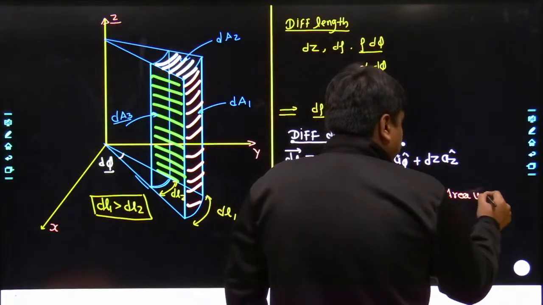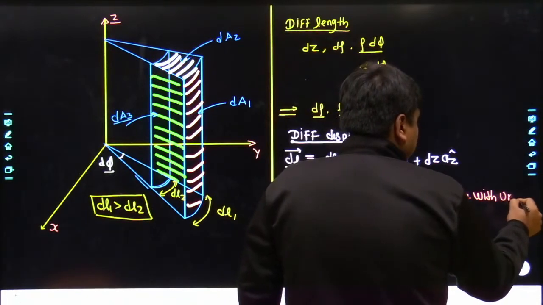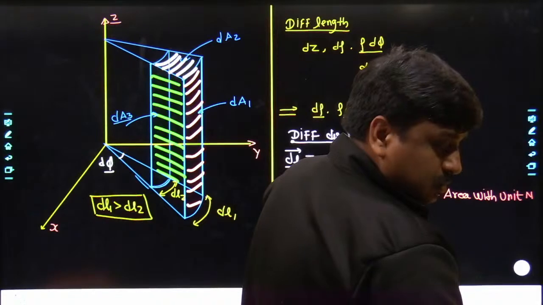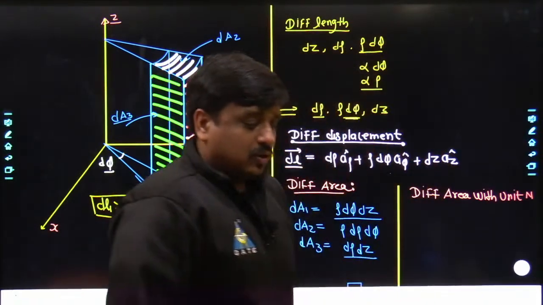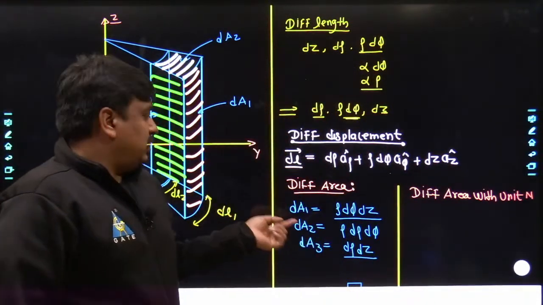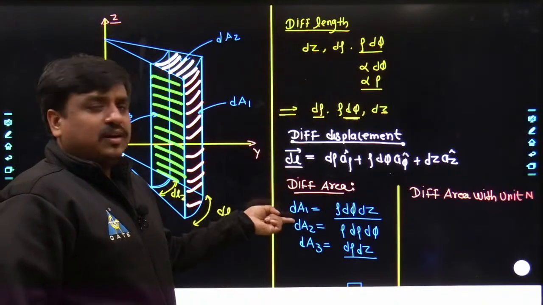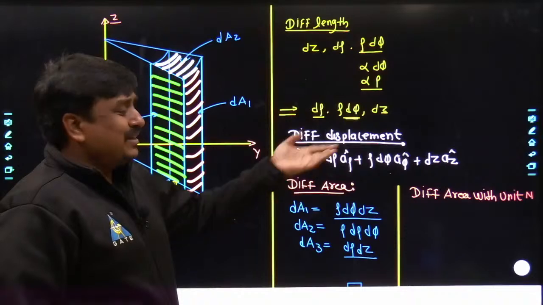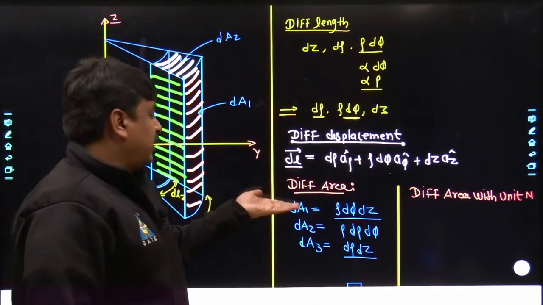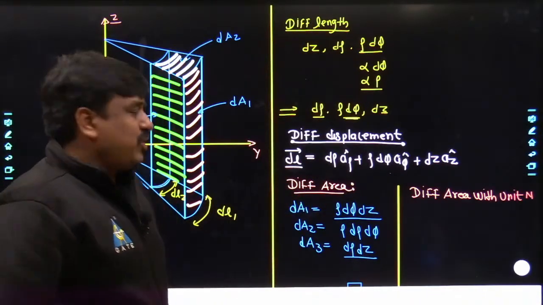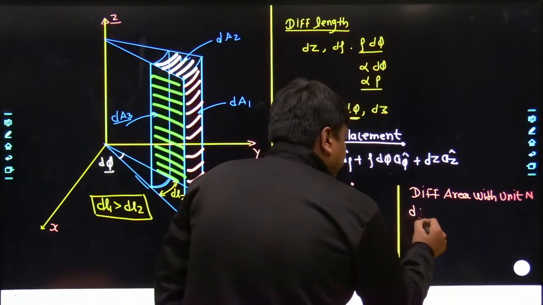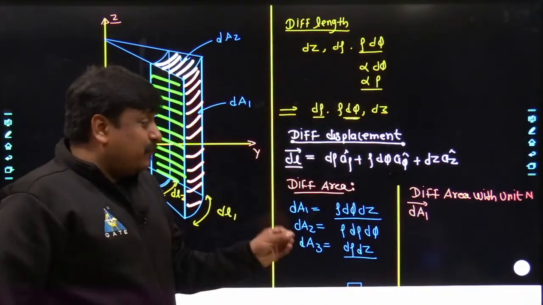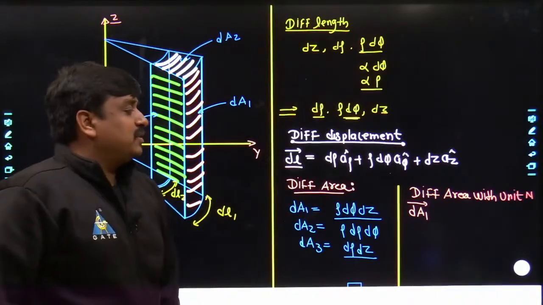Differential area with unit normal. That means rather than writing dA1 alone, I may write dA1 and the unit normal over dA1, that's nothing but a n cap separately, or simply I can write the dA1 vector. It's your choice. If the vector has been marked over dA1, by default it is a vector quantity, a vector differential surface quantity, put together it is a differential area with a unit normal.